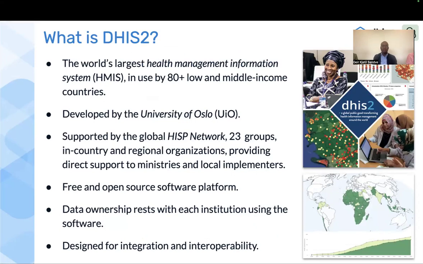And this software platform is developed by DHIS2, but the implementation is supported by the HISP network that mainly is constituted of over 23 HISP groups. And these groups are based in countries, and I happen to be part of that group. But basically, this is a group that directly works with the ministries of health and the local implementers to make sure DHIS2 is operational in country.